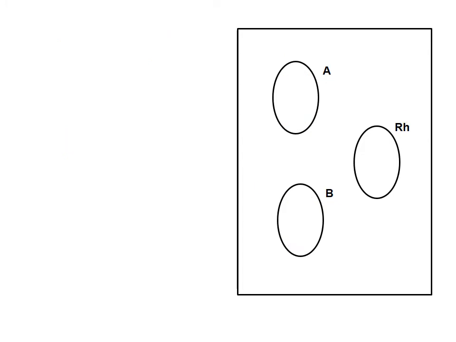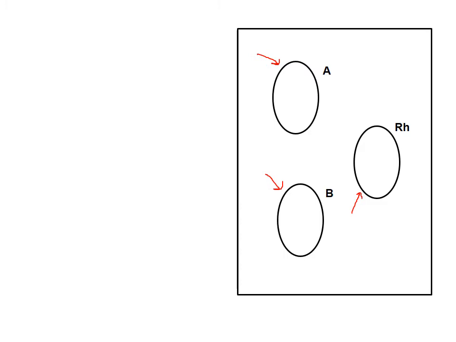So let's look at this one. All right, this just looks like a blank one. There's no reaction here. Anti-A antibodies did not find an A antigen. No reaction here. Anti-B antibodies did not find a B antigen. And the anti-D antibodies did not find the Rh factor or the D antigen.